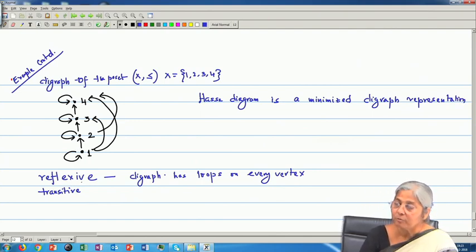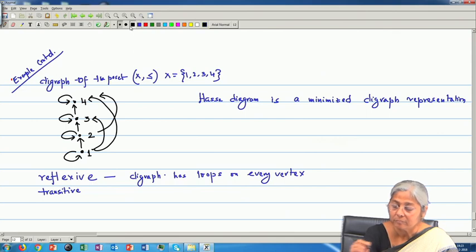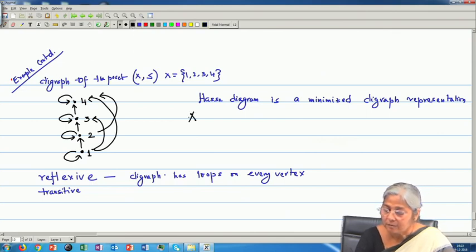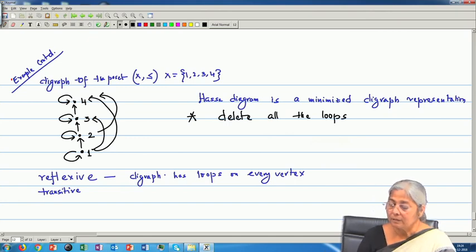Since it is a poset, it is always reflexive. So what I can do is delete all the loops. Since it is a poset, it is always true, so we will not show them separately.